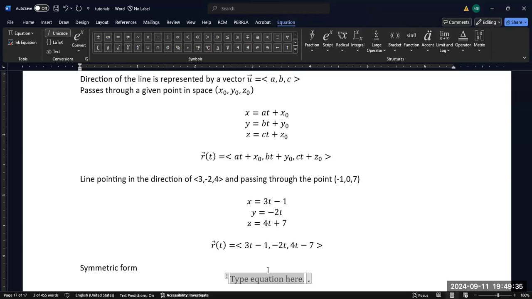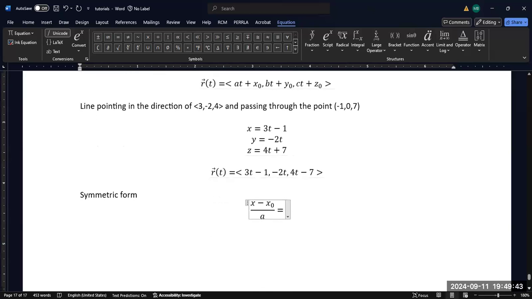So this would end up looking like x minus x naught over A equals y minus y naught over B is equal to z minus z naught all over C. So in this particular example, we would end up with x plus 1 all over 3, and then y all over -2, because it's y minus 0.